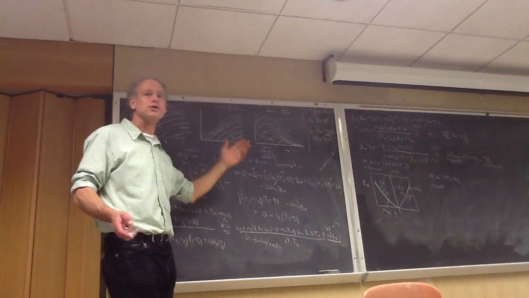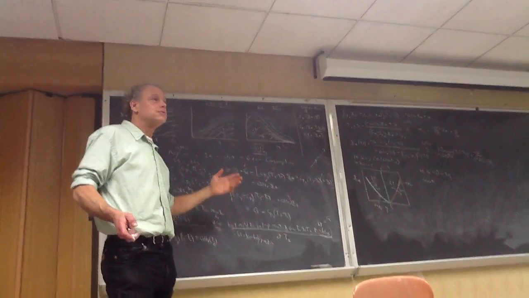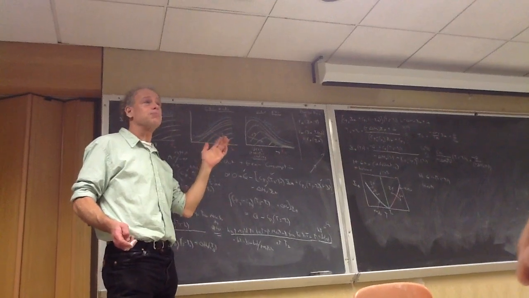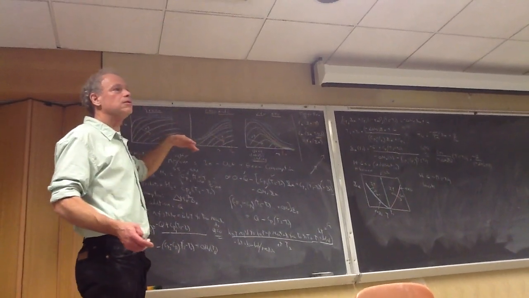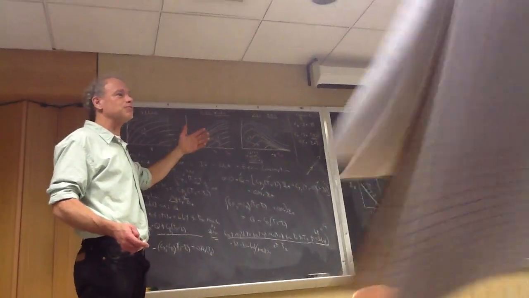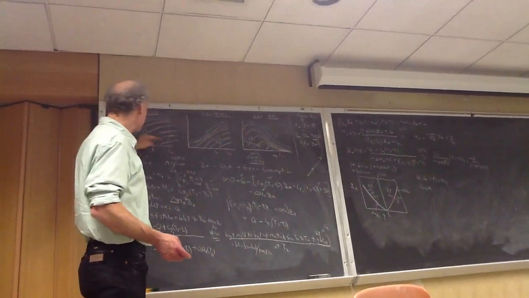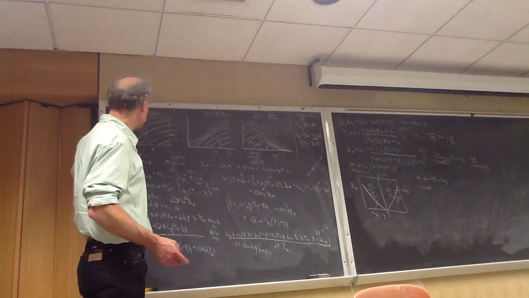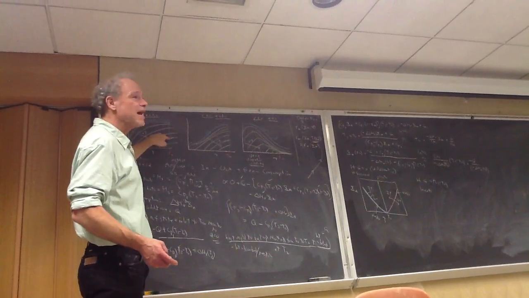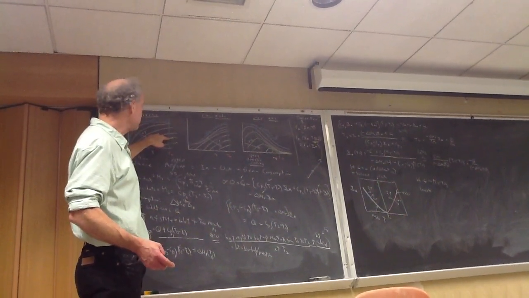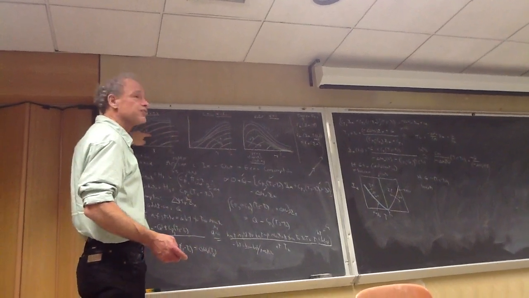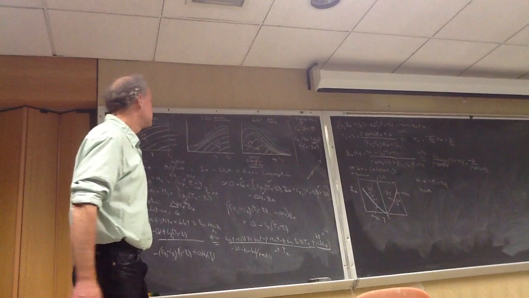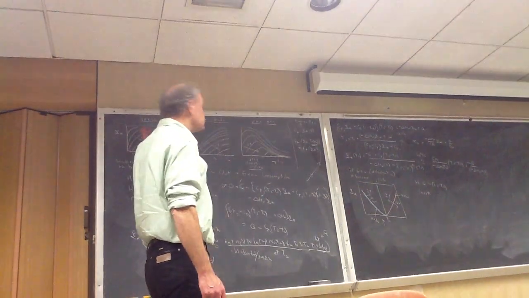What kind of reactor do I use? Plug. Because for any given XA, I have the maximum rate I possibly can have. For this value of XA, I'm at the maximum possible rate, because if I move to the right, I blow up the reactor. If I move to the left, I go to lower rates. So I use a plug here.